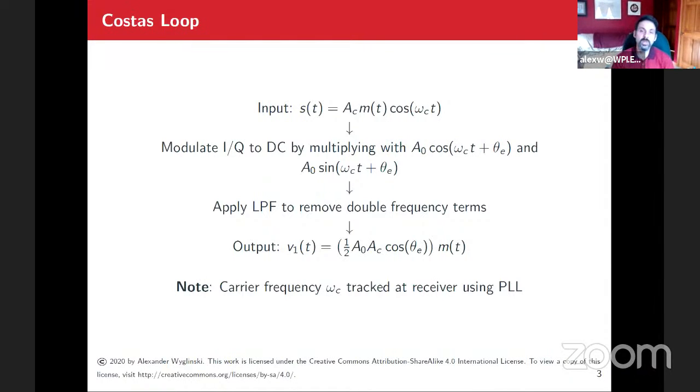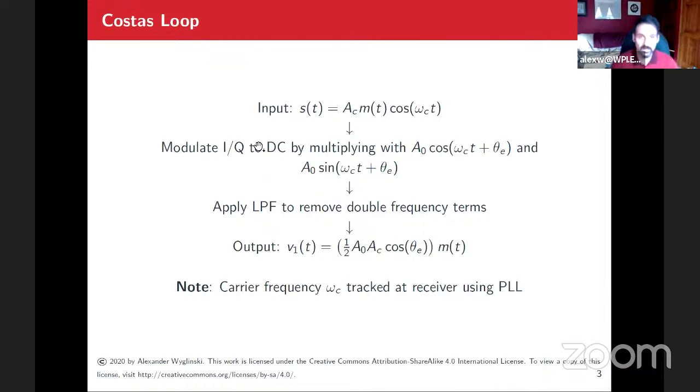But what happens is we know that if we do this thing where we multiply by another sine wave, we're spot on with respect to carrier frequency, and all we have is a small phase offset, right? We can actually, multiplying by that sine wave with the same frequency, and then using a low pass filter to remove the double frequency term, we can successfully extract out the message signal as is multiplied by the cosine of that phase difference. It's so beautiful.